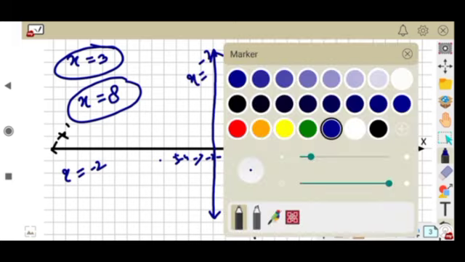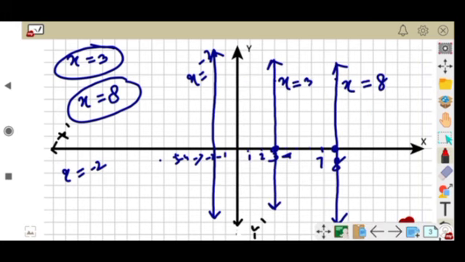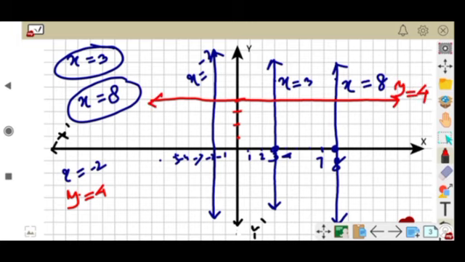Similarly, if it is given in terms of y, when we give you y equal to 4, this is the line, 1, 2, 3, 4 here. This is the graph of y equal to 4, and this line, the red one, will be parallel to the x-axis.